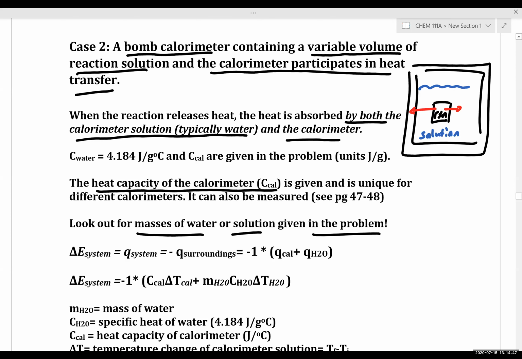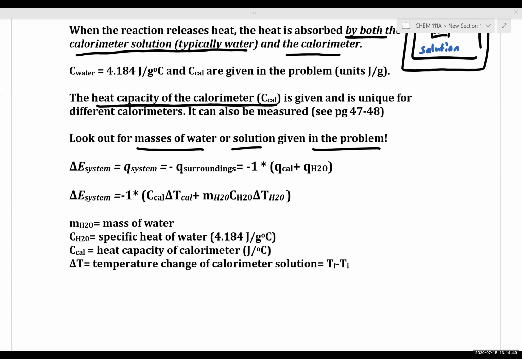In this case, the change in internal energy for our system, which is our reaction, is equal to the heat of reaction, which is equal to the heat absorbed by our surroundings. In this case, we have both our calorimeter and water absorbing heat as part of our surroundings.